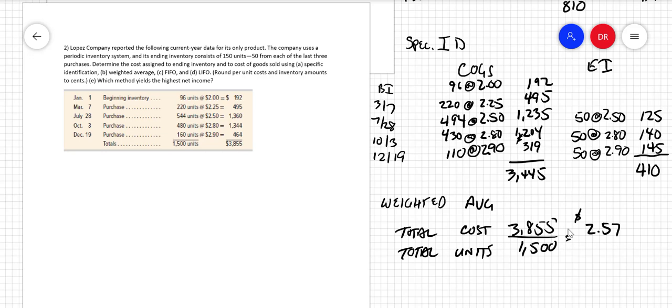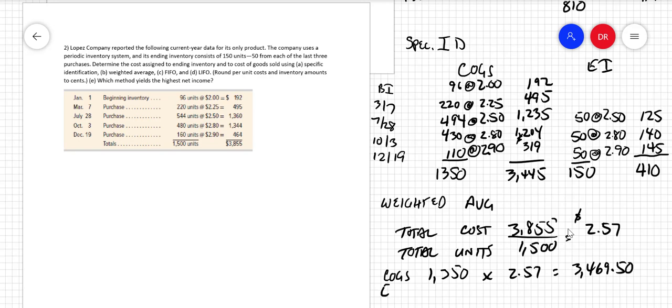Well, in cost of goods sold, if we add all these up that we looked at here, we're going to have 1,350 units here. And if we add all these up, we have 150. So cost of goods sold is 1,350 times 2.57, and that gives us $3,469.